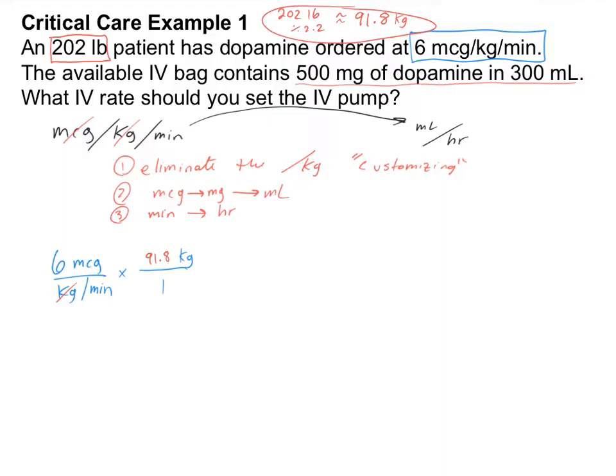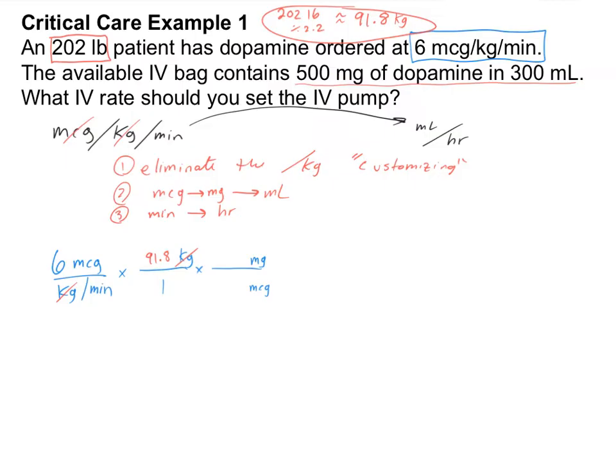When I do that, kilograms will cancel, and if I were to stop right now, I would know the total number of micrograms the patient needs to receive every minute. But that's not what we want, so I'm going to continue. I need to convert these micrograms into an equivalent number of milligrams, so I can use the availability in terms of the bag.